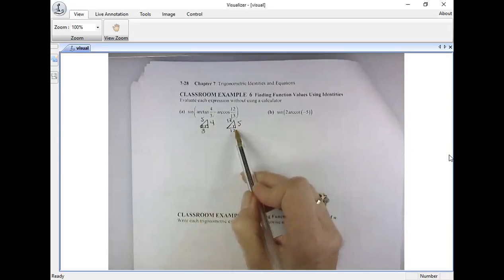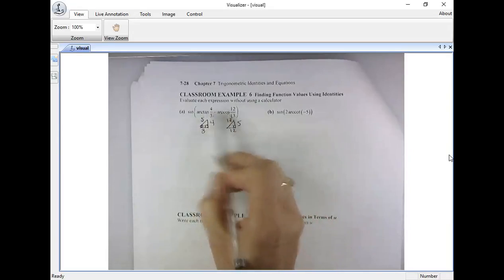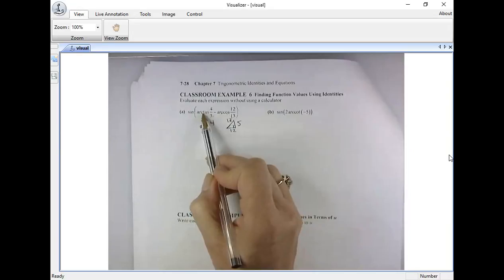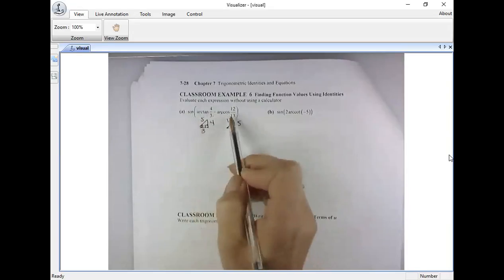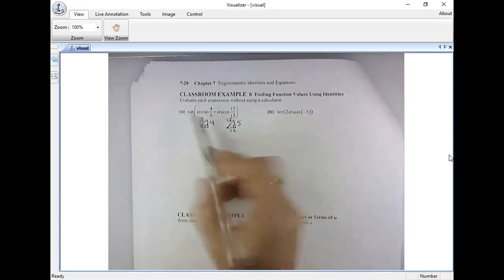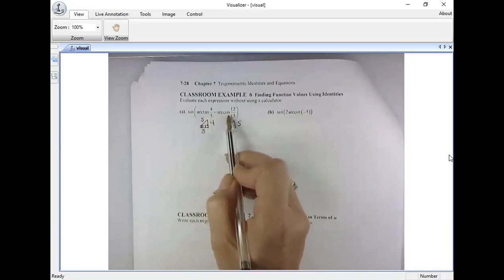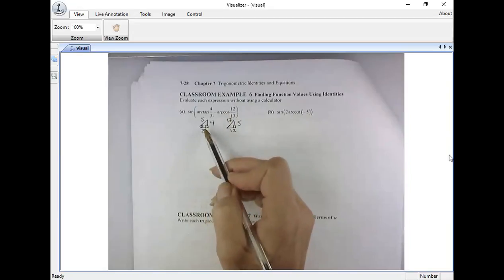Same thing here. What would I maybe need to do then if I were going to make some kind of replacement? Look at this. I've got the sine of something minus something. Could you turn it into radians? No, I don't want to do that.